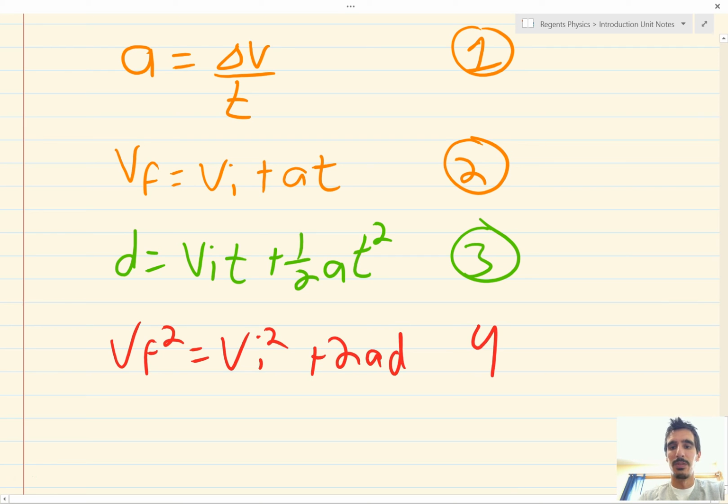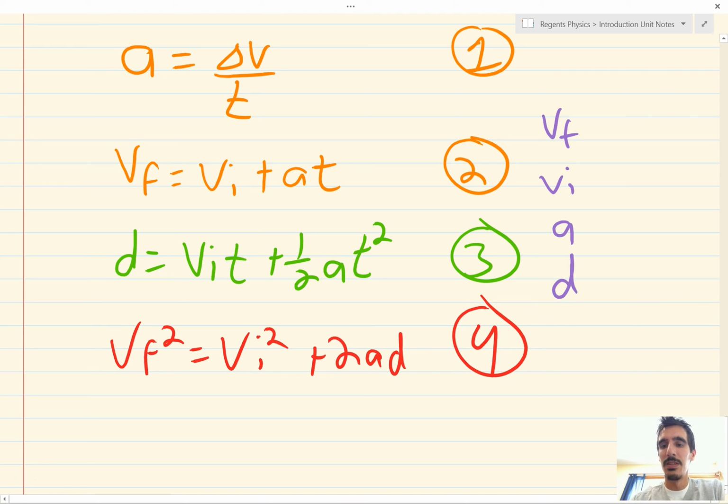That's the fourth one. Notice when we look at these, that each of these equations has a missing variable. So all the variables we have are VF, VI, A, D, and T.